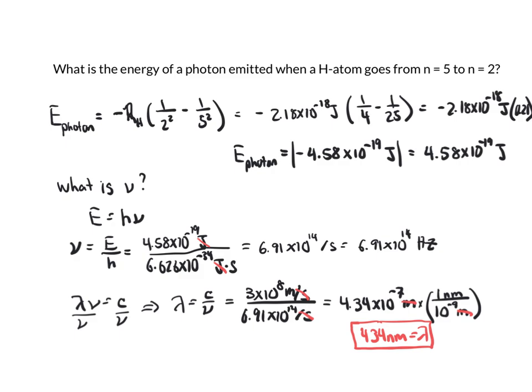So you can see that once I've calculated the energy, I can use my relationship between energy and frequency to get the frequency. And once I have the frequency, I can use my relationship between wavelength and frequency to get the wavelength of light that would be emitted.